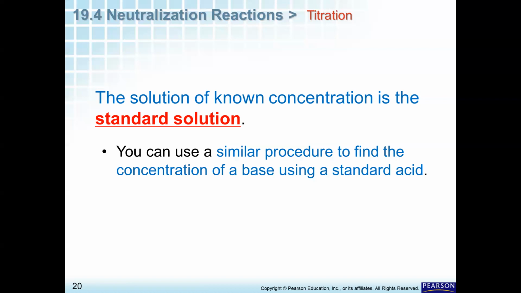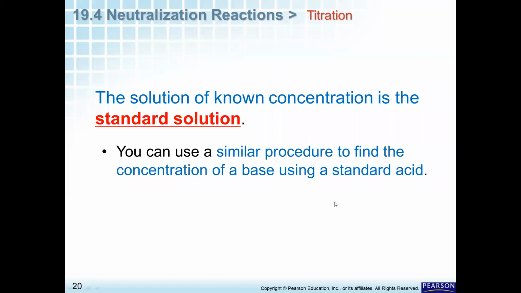Okay, when we reach the point where the color changes, in that case you can use the numbers, which is number of moles with volume and number of moles with volume. The number of moles are equal. So using the volume that you start out with, you can determine the concentration.